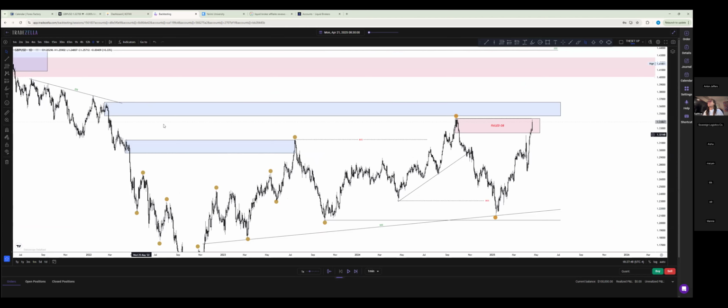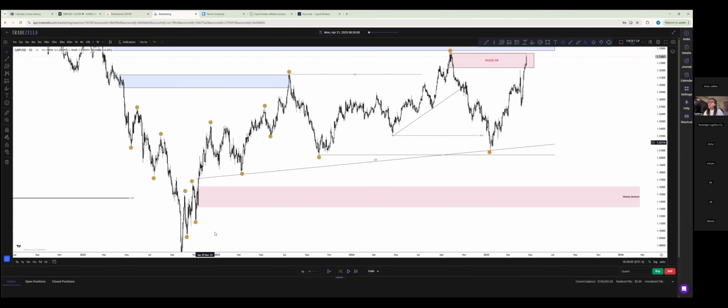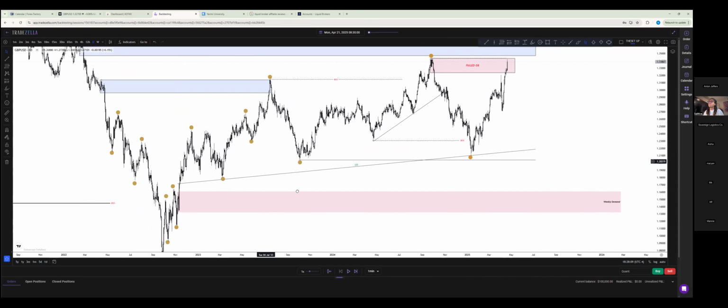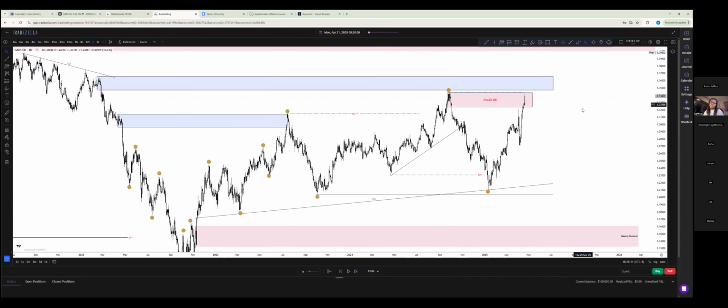But the reason I'm expecting it to fail is why? We have our trend line liquidity right here above it. Price is letting us know this zone right here is just liquidity. Sellers were right here, sellers right here, sellers right here. All of these sellers are still in this trade that went all the way down here. That's too much. They have too much liquidity, too much money in the market. Price has to take them out.